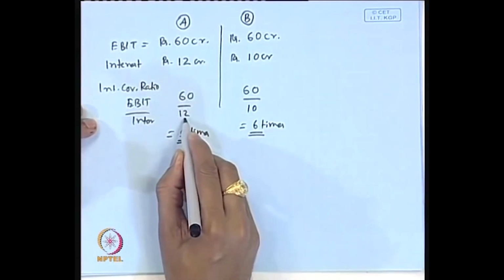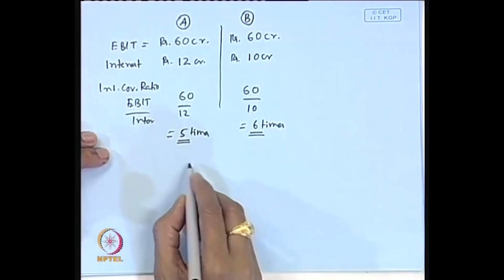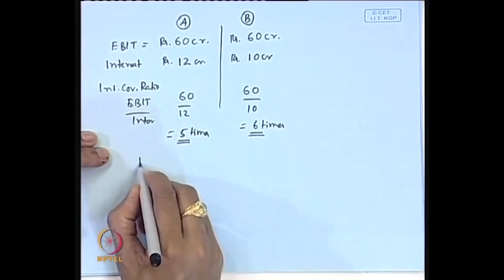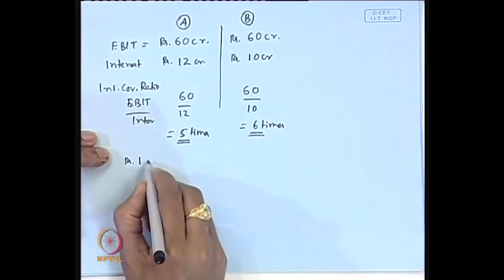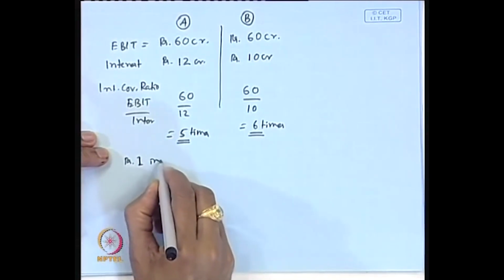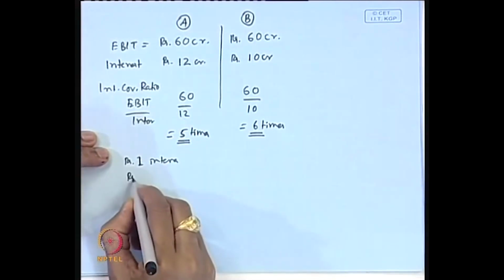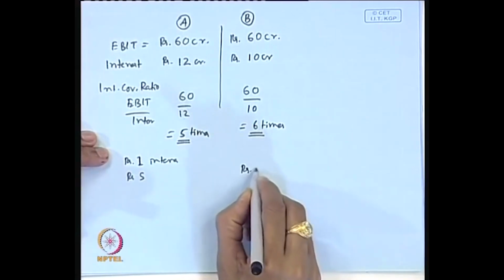That means for every 1 rupee of interest required, company A has earned rupees 5, and company B has earned rupees 6.